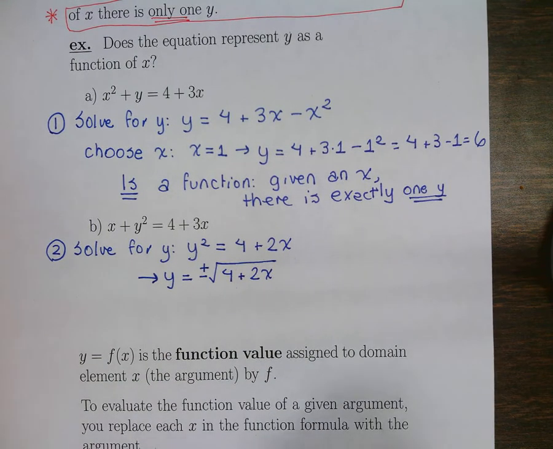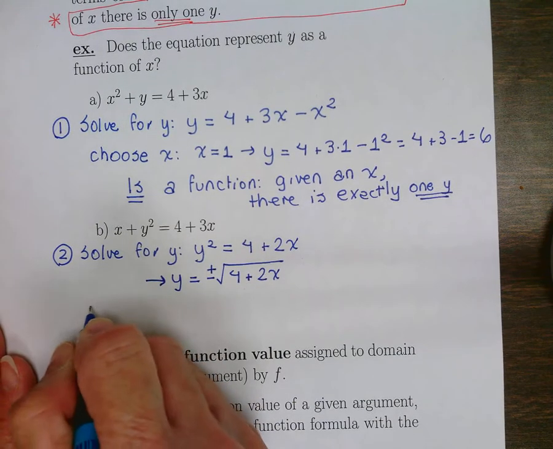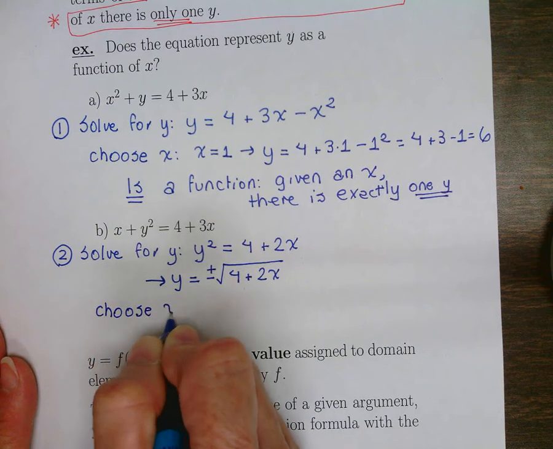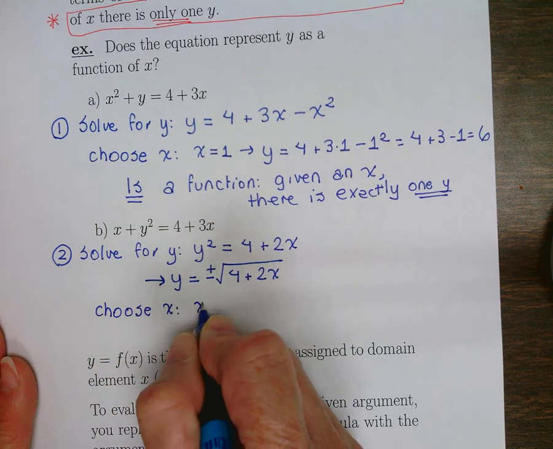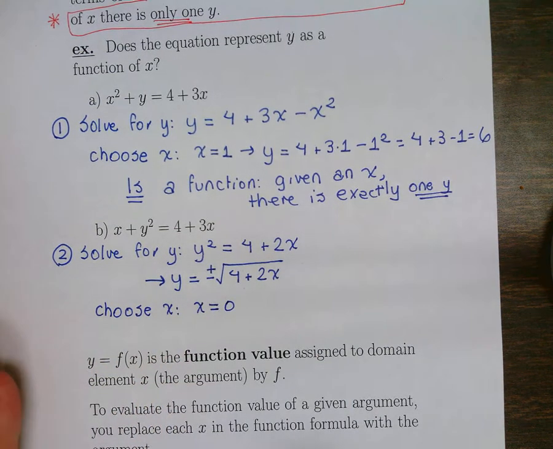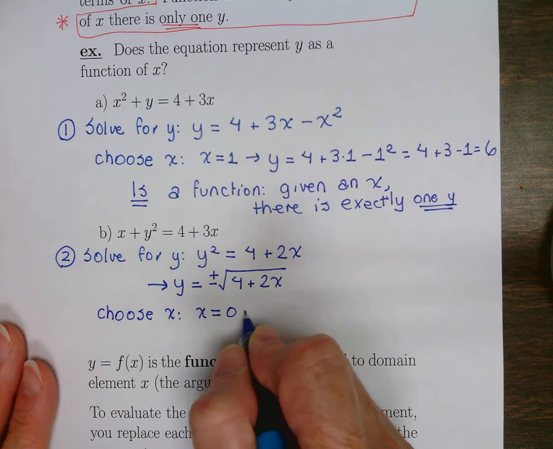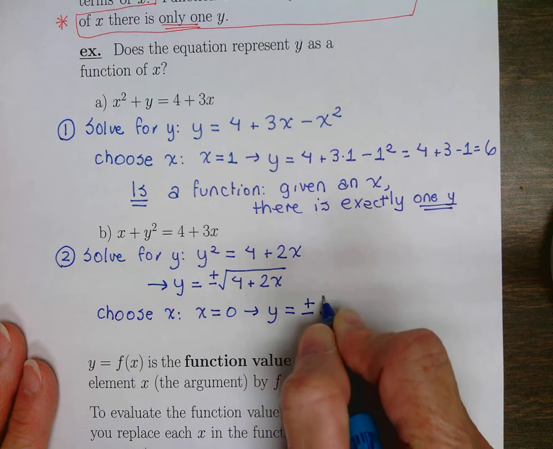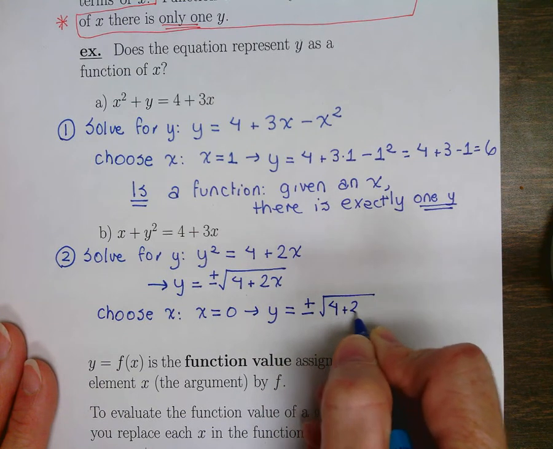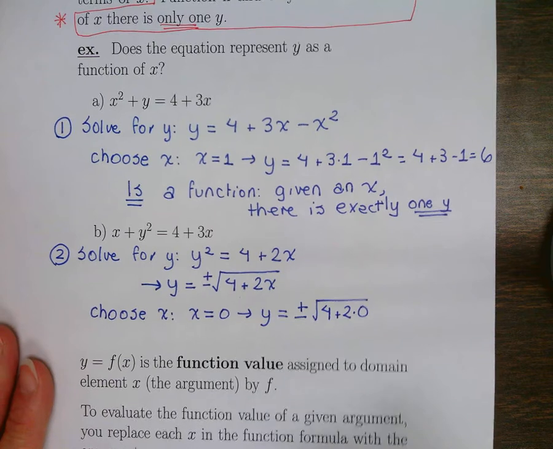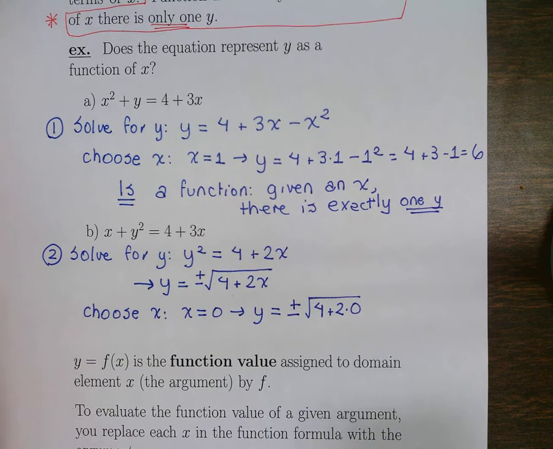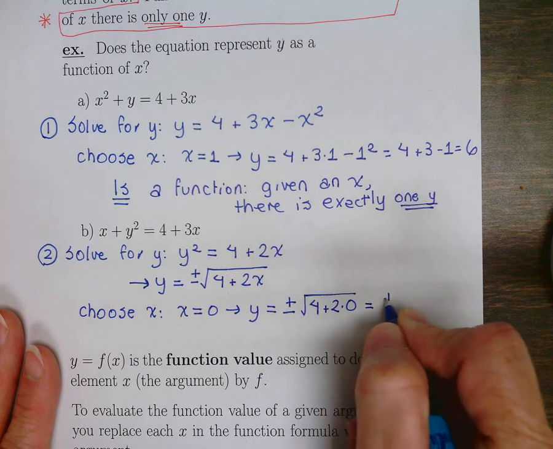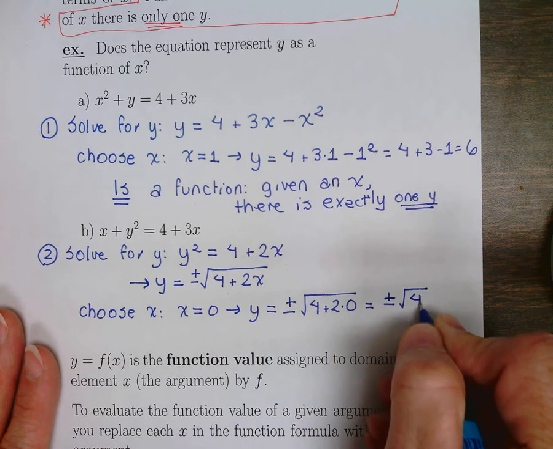So I think you can see where this is going. Let's let x be the specific value of 0. Then y equals plus or minus the square root of 4 plus 2 times 0 according to our equation, okay, which is plus or minus the square root of 4.